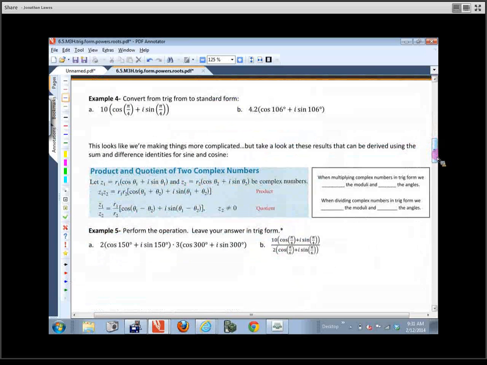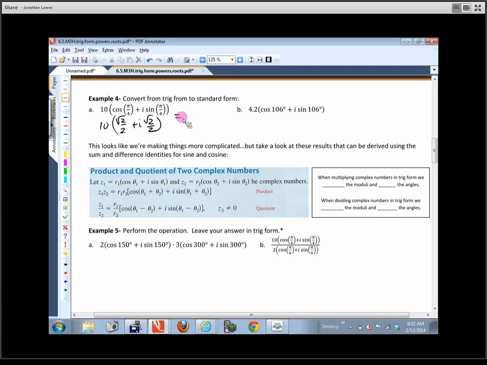Okay, so here's the next type of problem you'll have. Convert from trig form to standard form. This is how long it is. That's the direction it goes. And all I need from this are radical 2 over 2 plus i radical 2 over 2, and then distribute the 10 through.